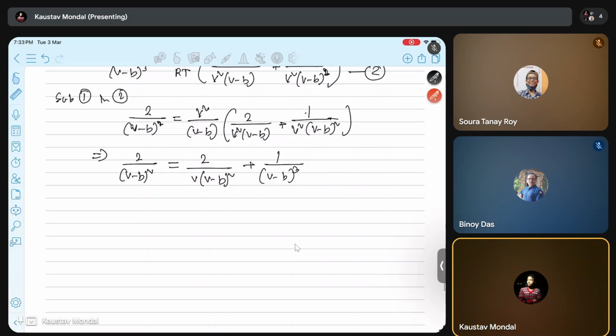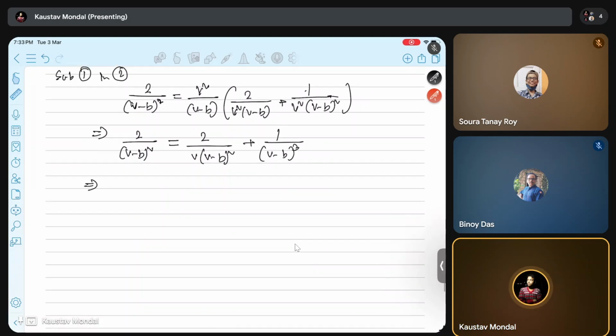Okay, now just to make the calculation a bit easier, you can multiply V minus b whole cube on both sides, the same way that you did previously. Sorry, there is a cube, not square. So it will become 2 into 2 into V minus b divided by V plus 1, right?